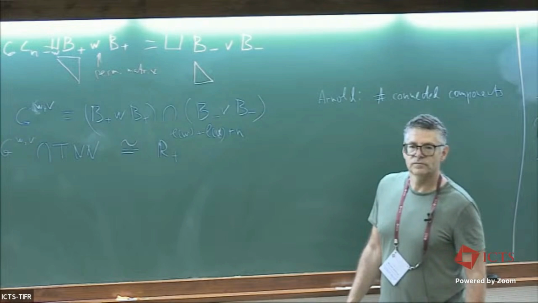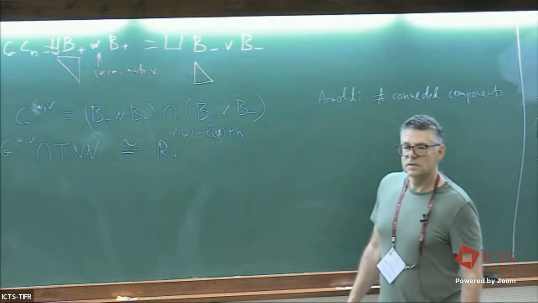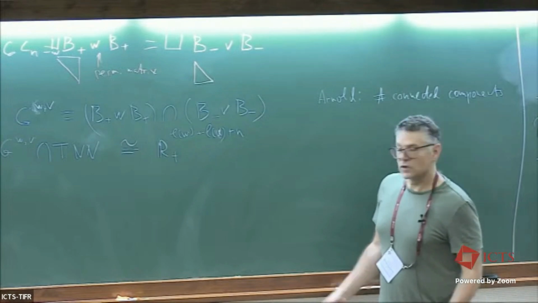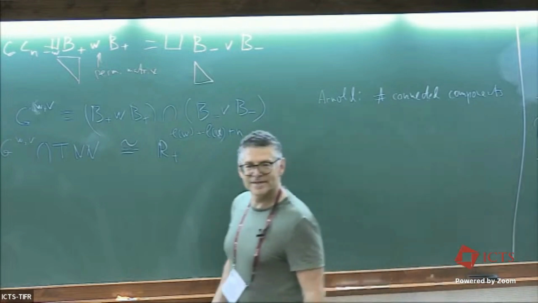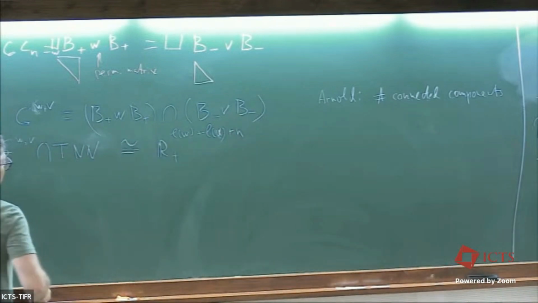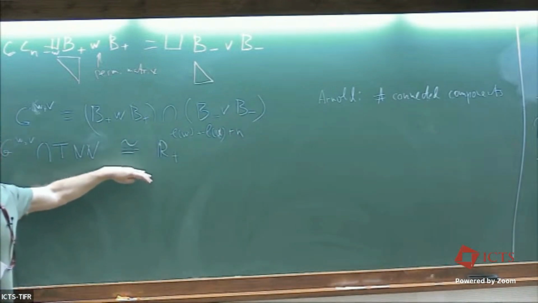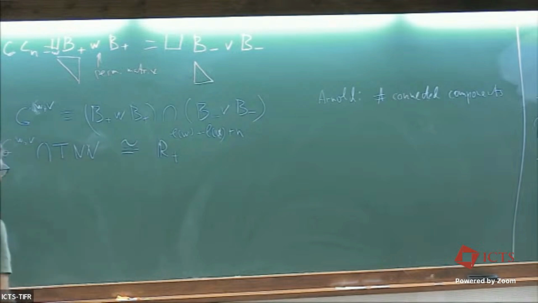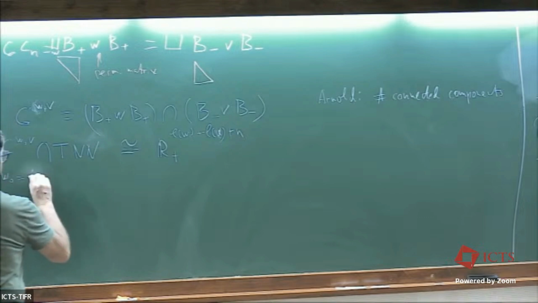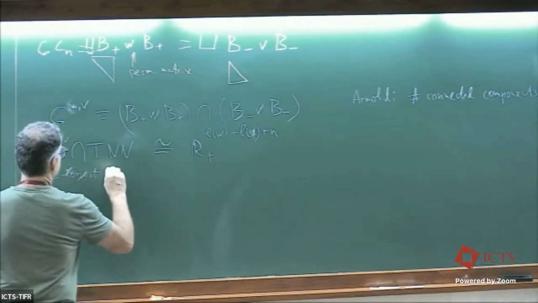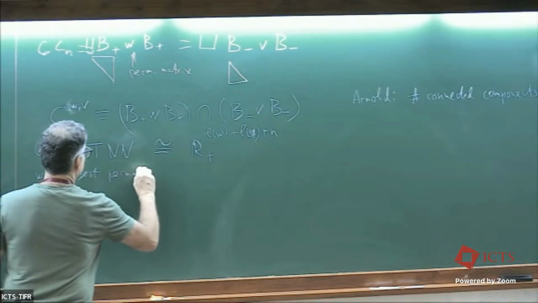So let's just do an example and check that the counts are correct. Everything is over R because we're talking about positive things. So let's do the longest permutation.